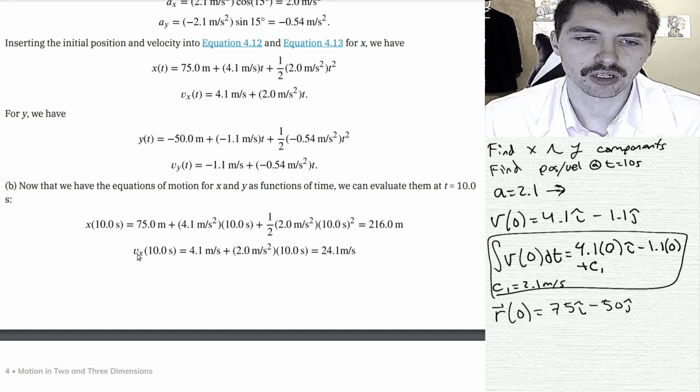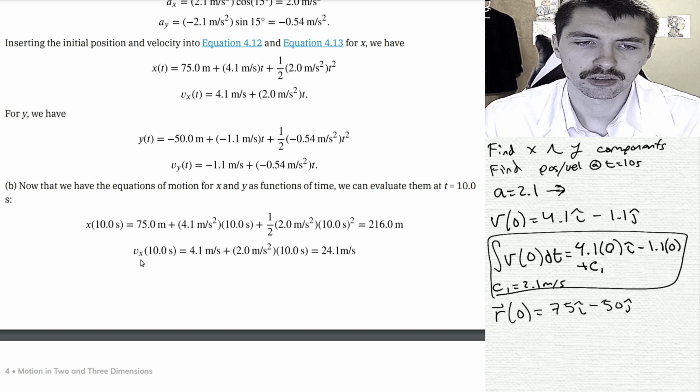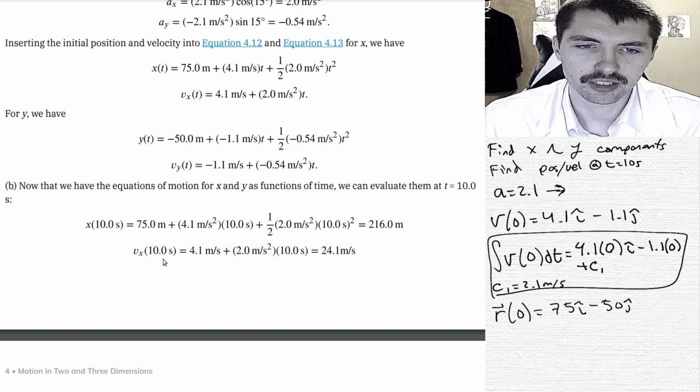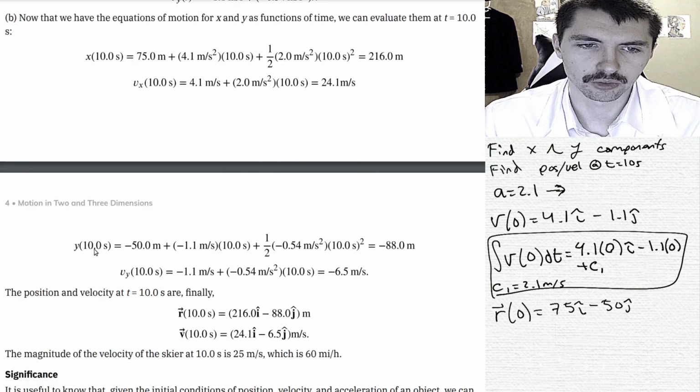So this is saying the velocity in the x direction at 10 seconds is 24. This is saying the position in the x direction. So then they do the same for the y.